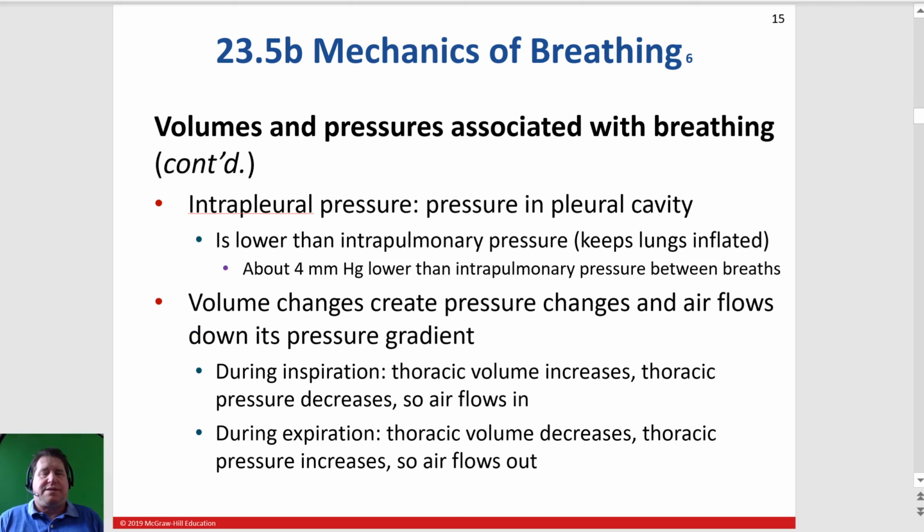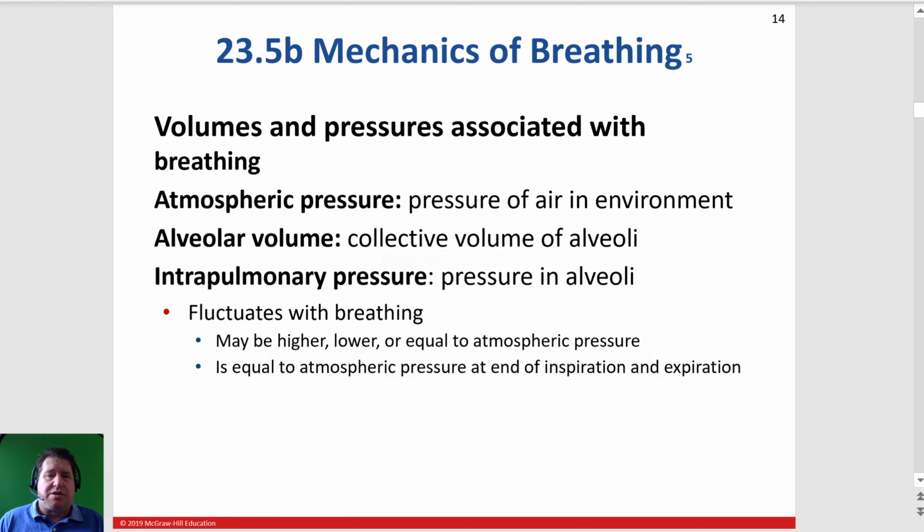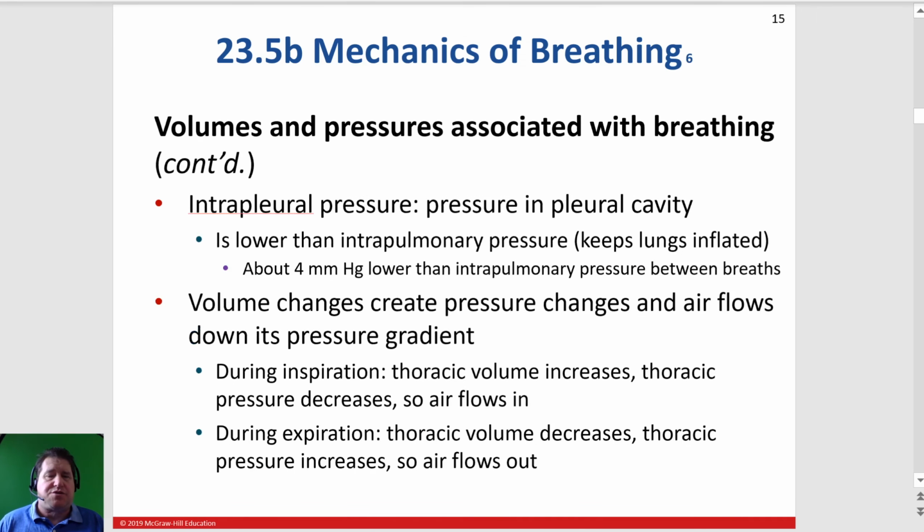Intrapleural pressure is the pressure inside the pleural cavity. The pleural cavity is specifically around the lungs, which of course is inside the thoracic cavity. Remember when we looked at the structure of the alveoli, those little bubbles, right?